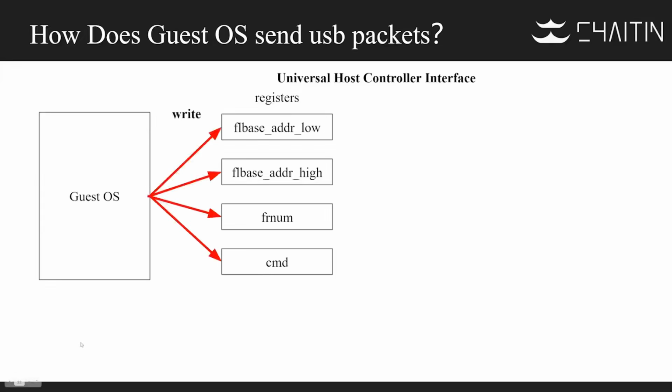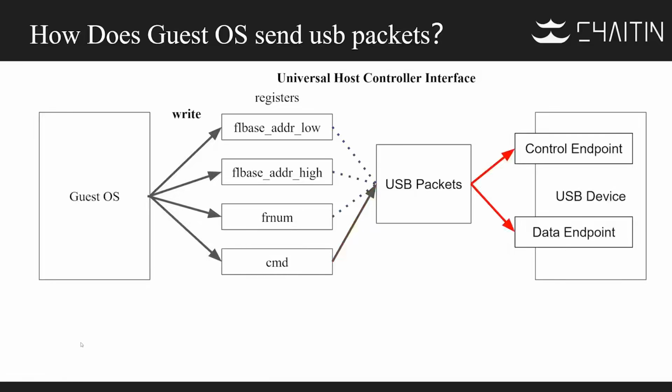When writing the command register, it's possible to make the UHCI start to prepare a structure, which stands for the USB packets we want to send. Then, the USB packets will be transferred from the UHCI to the control endpoint or data endpoint of the USB device. The vulnerability we are talking about exists in the processing of the UHCI transfer USB packets.